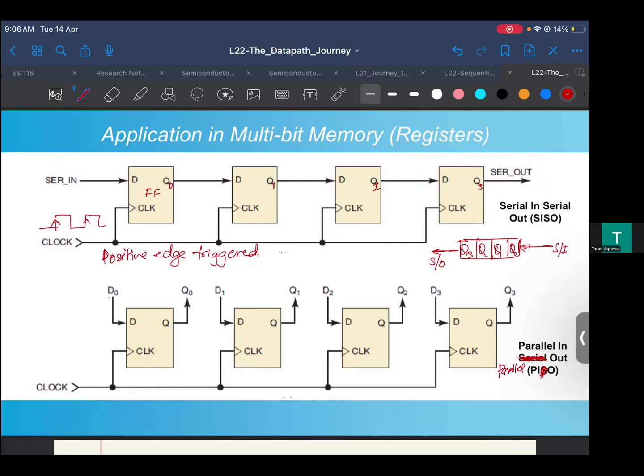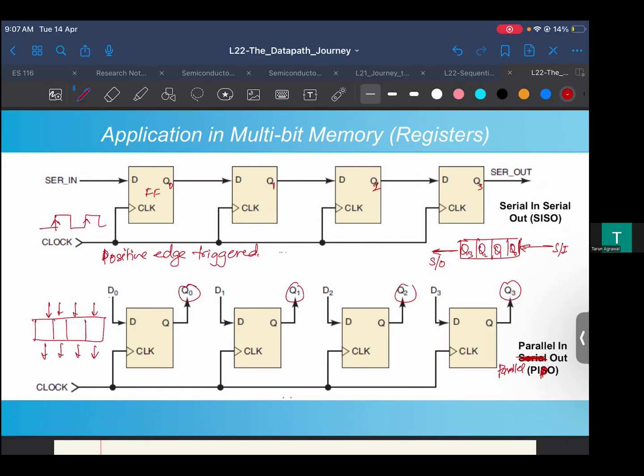Whenever the data comes, it comes into Q0. It is not serially connected now, so the data does not have to pass through. The data is available in these states at the same time. That is how you would see this register behaving.